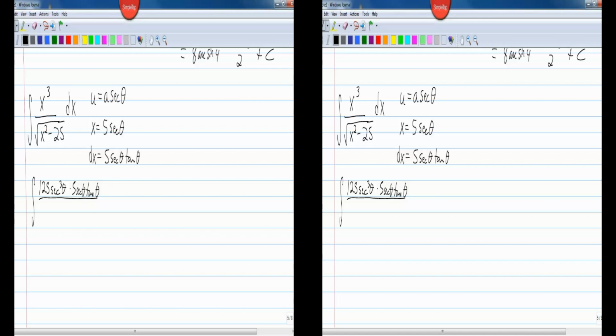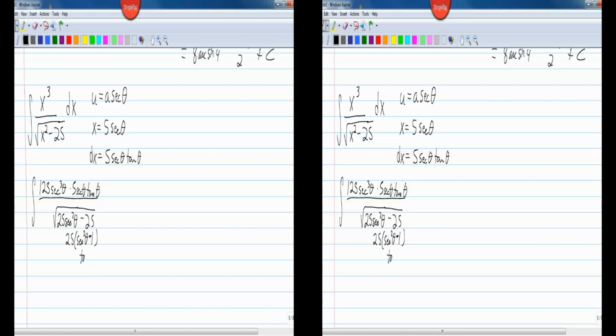over the square root of, when you plug in 5 secant theta here, you're going to have 25 secant squared theta minus 25. So how will that factor? 25 times secant squared theta minus 1. This is a trig identity. It's a Pythagorean identity. That is equal to tangent squared theta. So you have the square root of 25 tangent squared.